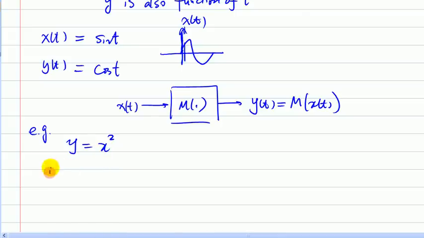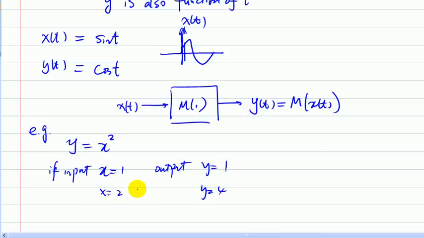For this, it is very simple. If your input x equals 1, the output y equals 1, and for x equal to 2, y equals 4.